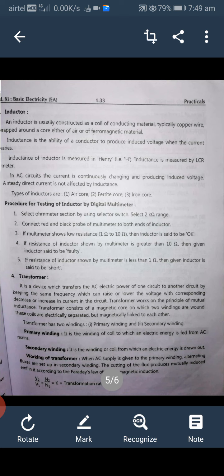When AC supply is given to the primary winding, alternating fluxes are set up in the secondary winding. The cutting of the flux produces a mutually induced EMF, electromotive force, in it. According to Faraday's law of electromagnetic induction, V2/V1 = N2/N1 = K, that is, the transformation ratio.